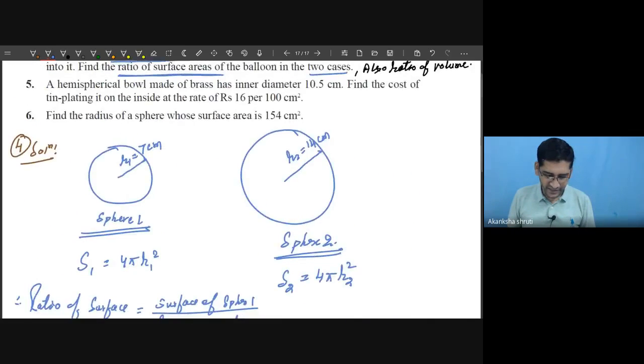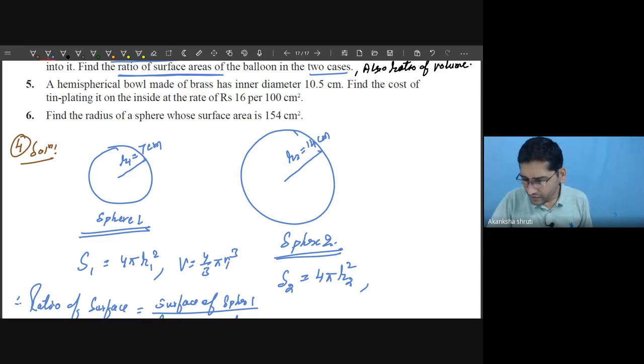Now let us consider the volume. How can the volume be calculated? Volume for the first can be calculated by 4 by 3 pi r1 cube. Volume for the second can be calculated by 4 by 3 pi r2 cube.